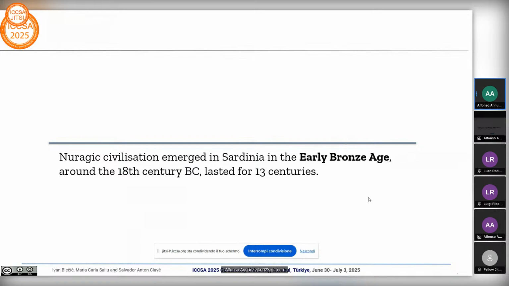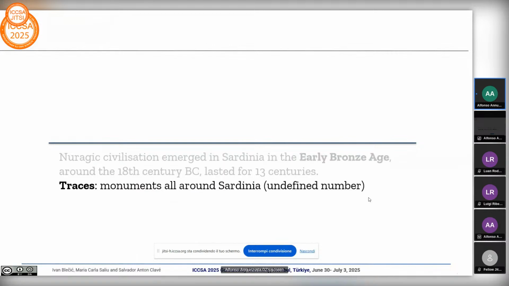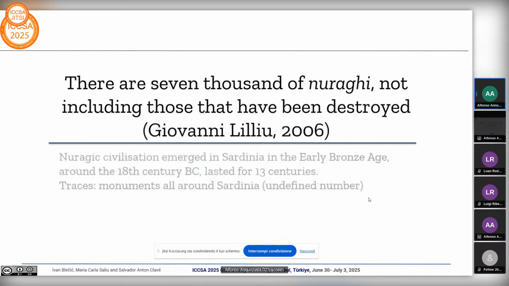This civilization didn't leave any written documents, and the only traces we have about this civilization are the monuments, which are all spread all around Sardinia, but we have an undefined number of these monuments. According to Giovanni Lilliu, one of the most important archaeologists studying this kind of heritage, there are 7,000 Nuraghi, which is the name of this kind of monuments, not including those that have been destroyed.